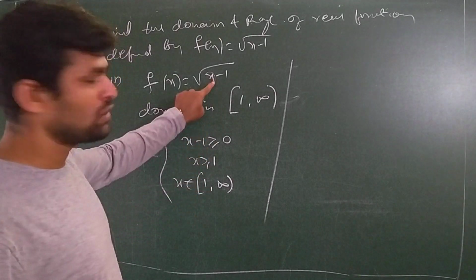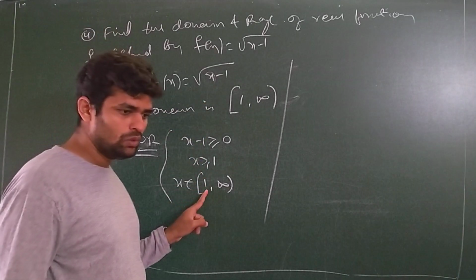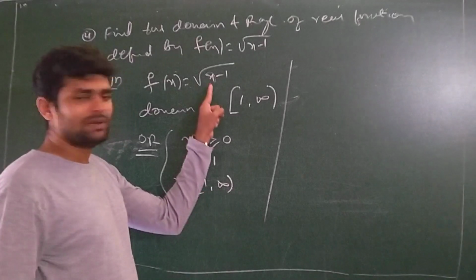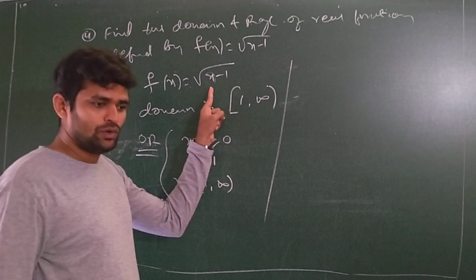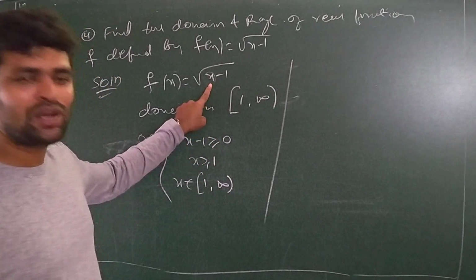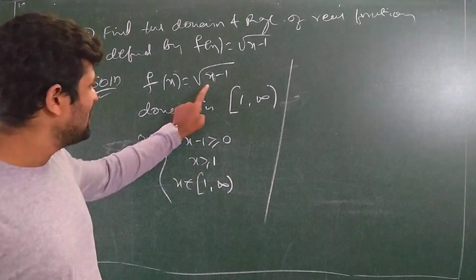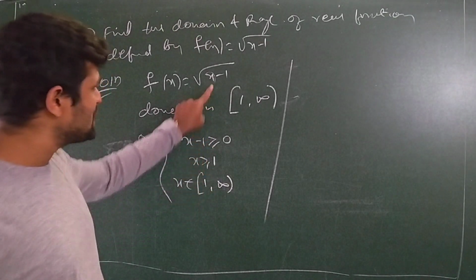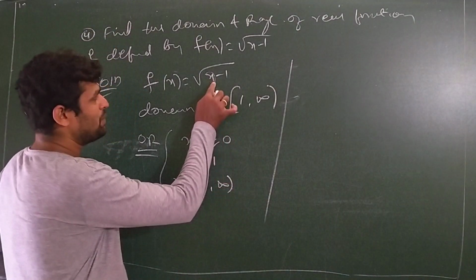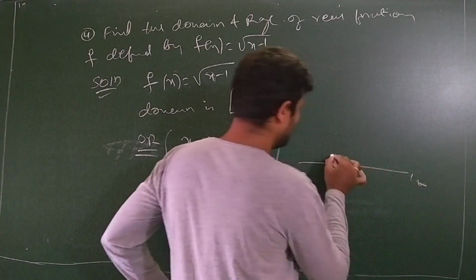If I replace x is equal to 3, square root of 3 minus 1, square root of 2, I will get. Again, if I replace 4, square root of 3 you will get. So between these values, I am getting values between 0 and infinity, including 0.